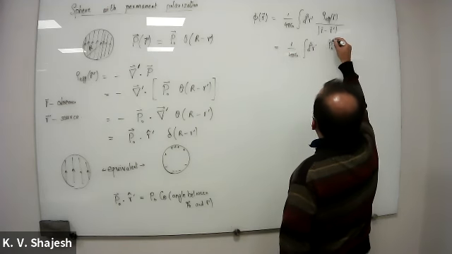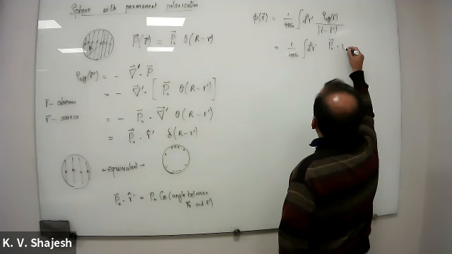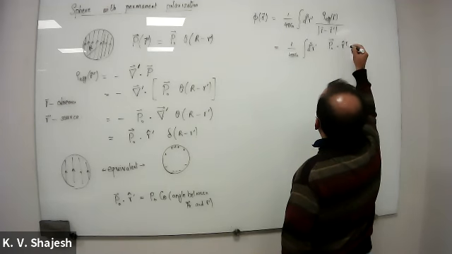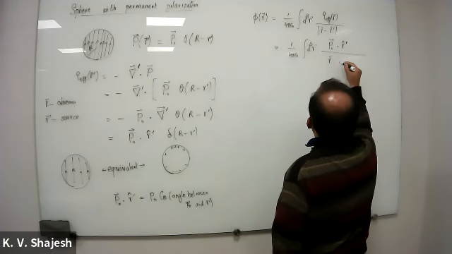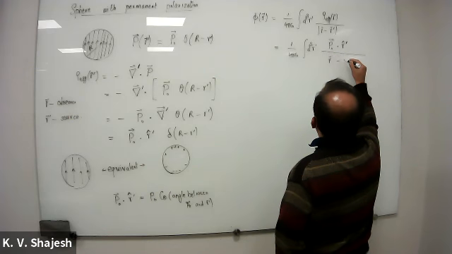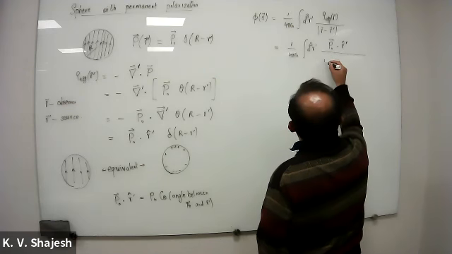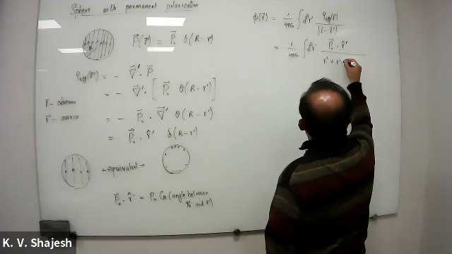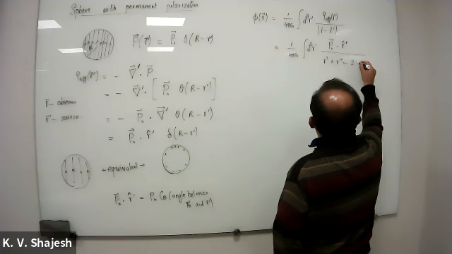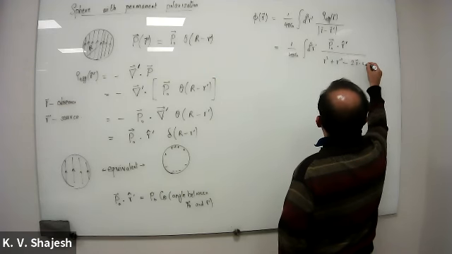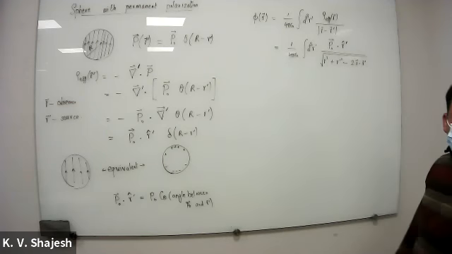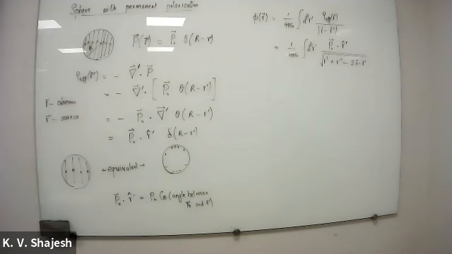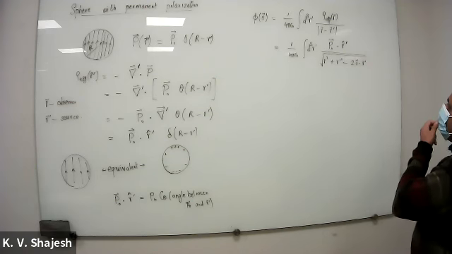That's P naught dotted with R hat prime divided by the magnitude of R minus R prime. So we square this: R squared plus R prime squared minus 2 R dotted with R prime. That's what it is.